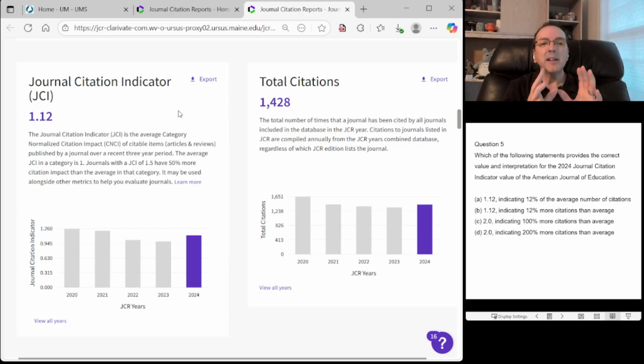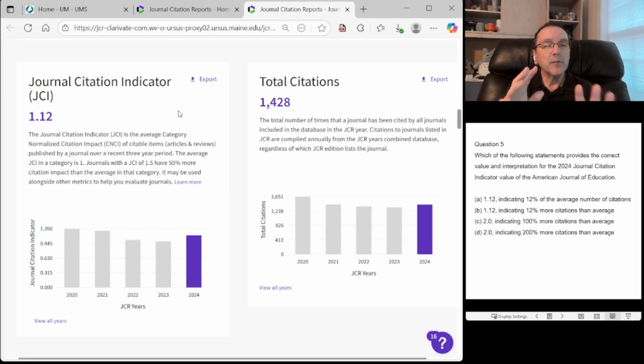And what it does is it normalizes the number of citations, I should say, for different disciplines.